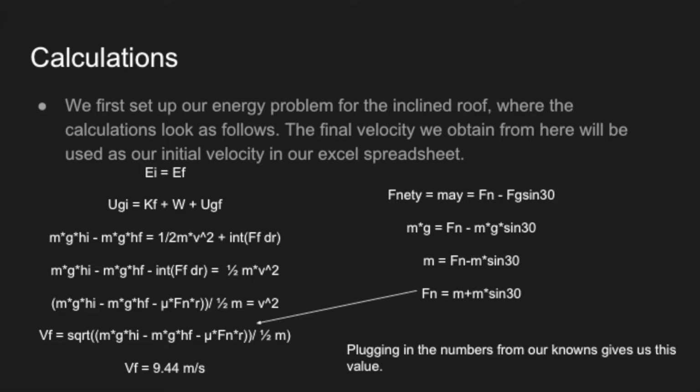Therefore, initial kinetic energy is 0. Next, we move on to the other side of the equation, where we know that there is final kinetic energy, work due to friction, and gravitational potential energy. We plug in the equations and solve for velocity. For normal force, we use the F-net equation in the y direction, and we plug that in to solve. We obtain a value of 9.44 meters per second.